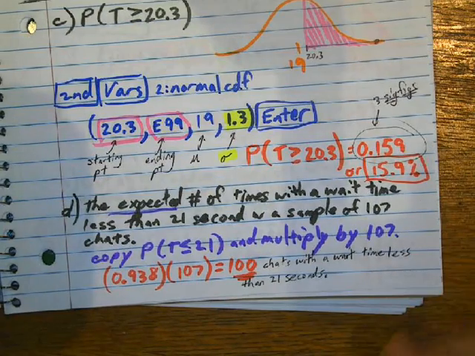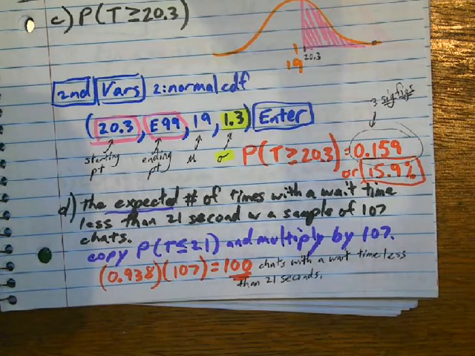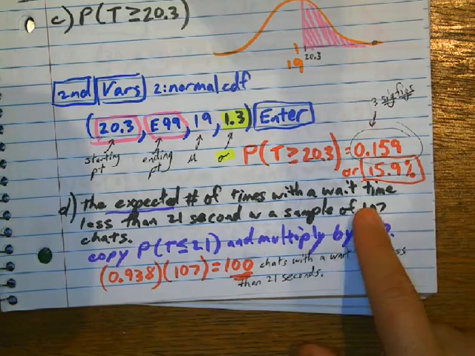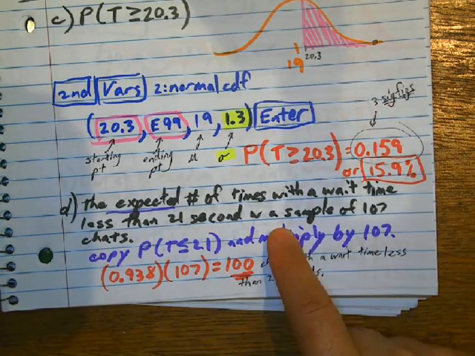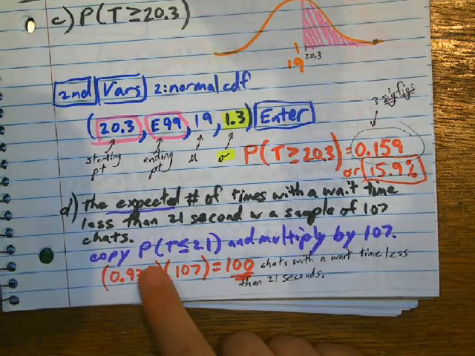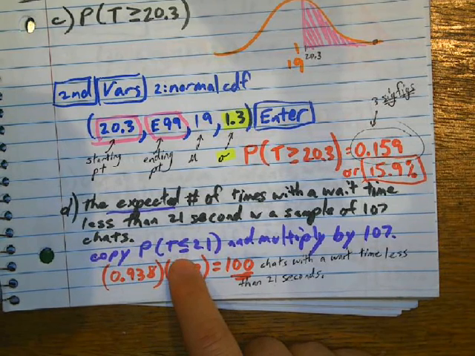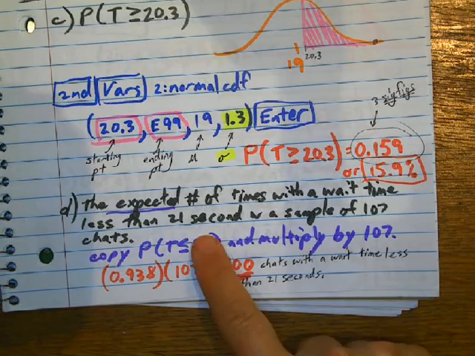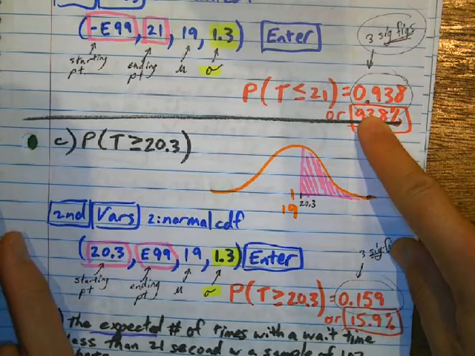Now, part D, this is an interesting question. The expected number of times with a wait time less than 21 seconds with a sample of 107 chats. We already found this out in question B. We found the percentage of people that had a wait time of less than 21 seconds is 0.938.